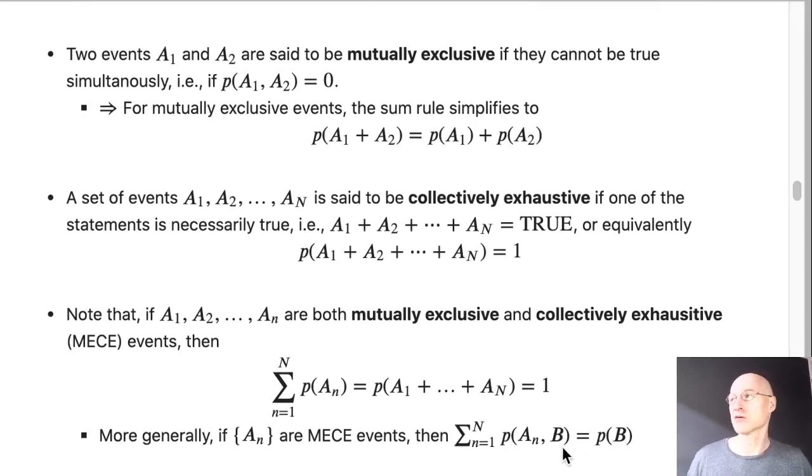And that's interesting, because if I involve other events, let's say events B or C and so forth, but for simplicity we have here a joint over a set of events AN, where A1, A2, and so forth through capital N, they're all both mutually exclusive and collectively exhaustive, and we have a conjunction with B, then I can actually sum out AN.